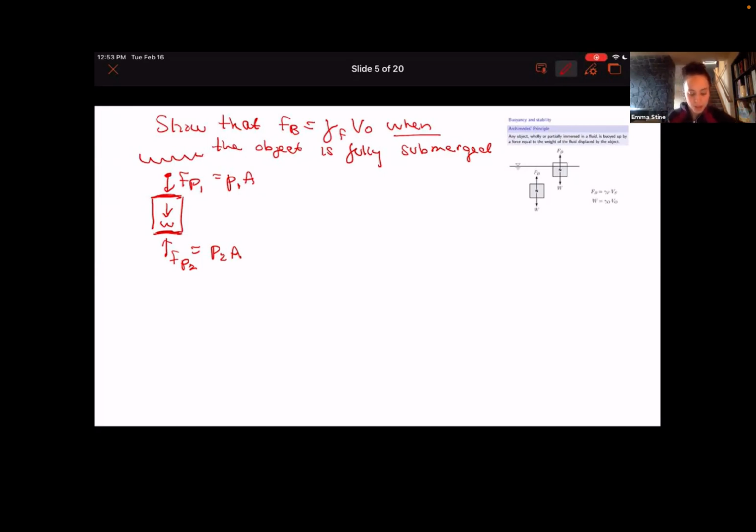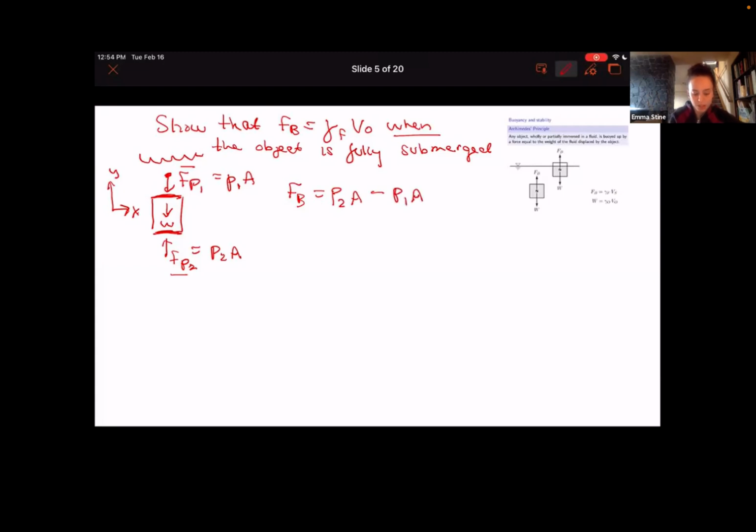So force buoyancy is actually just like a little shortcut word, or another word for both of these force pressures. It's just another name for them, and it makes it easier so we can talk about it. So force buoyancy is going to equal, let me make my axes, pressure 2 times area in the positive direction minus pressure 1 times area.